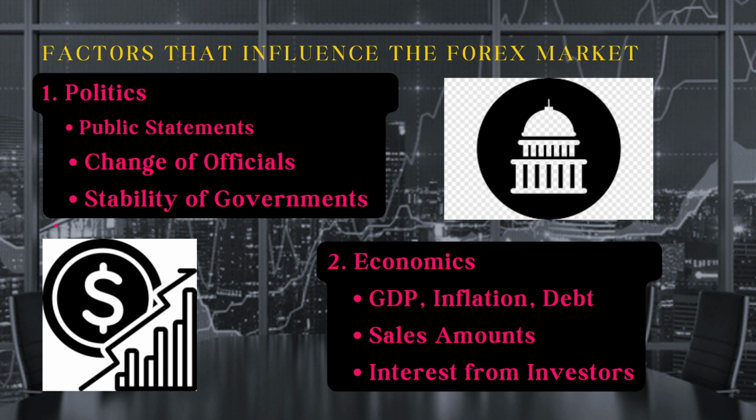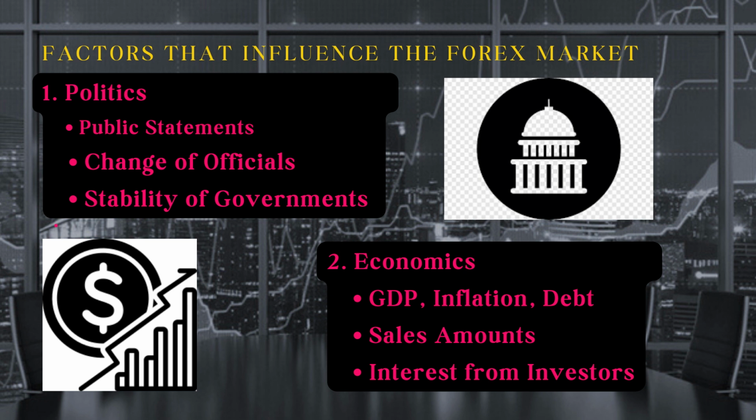That is GDP, inflation and debt, sales amounts, and interest from investors. In regard to GDP, inflation and debt, key economic indicators like gross domestic product, that is GDP, inflation rates, and national debt influence currency strength.